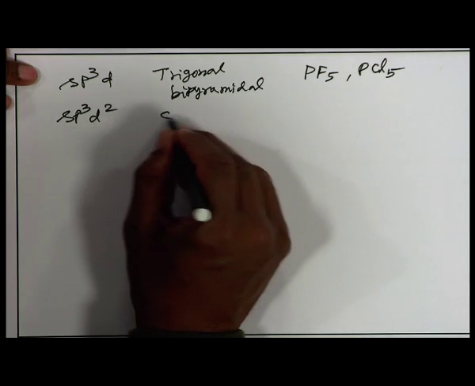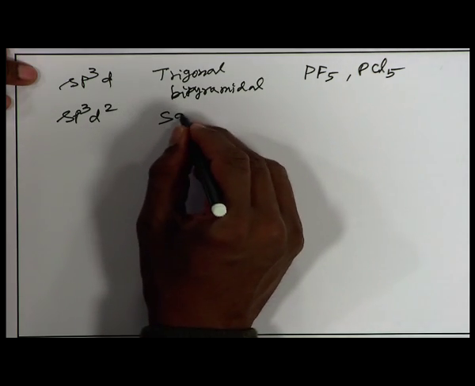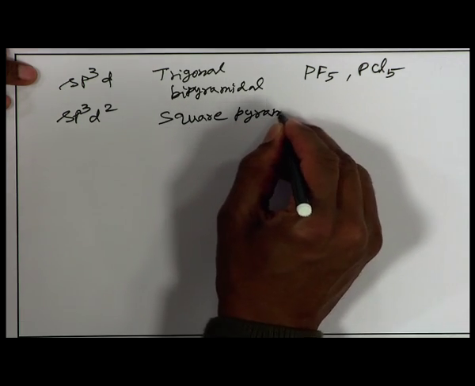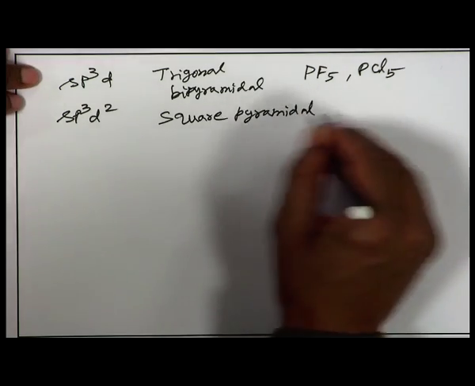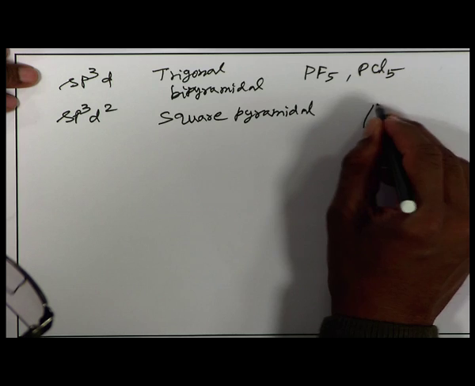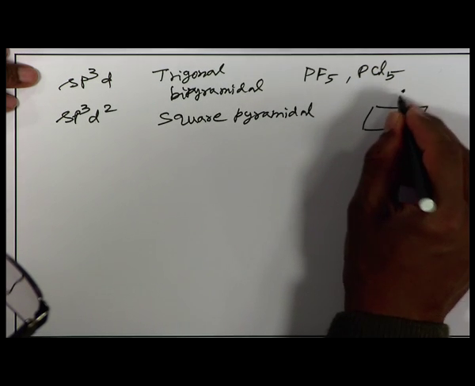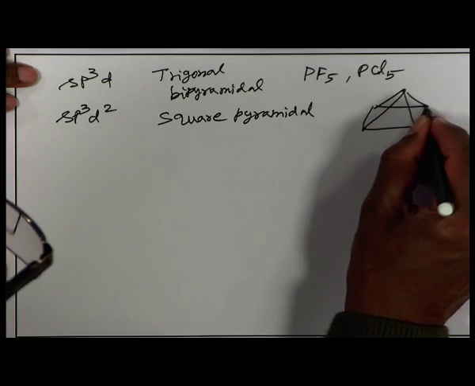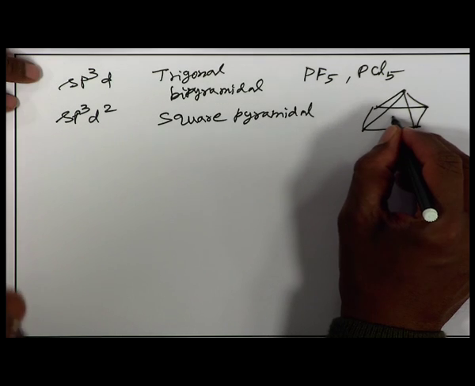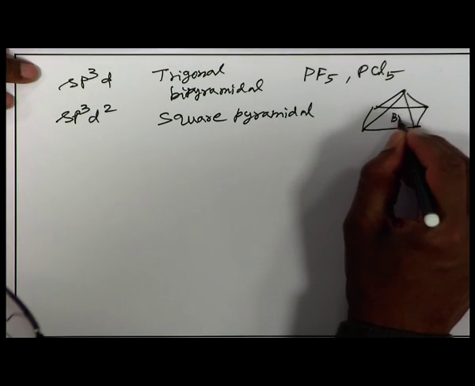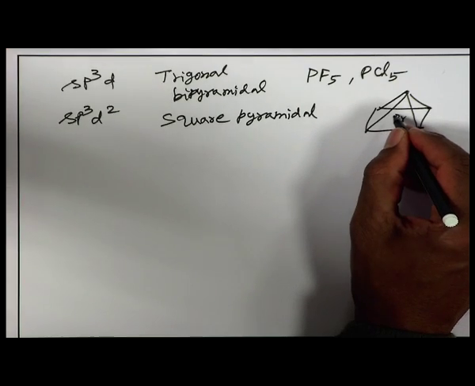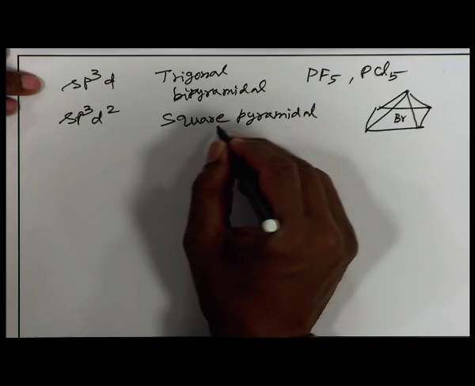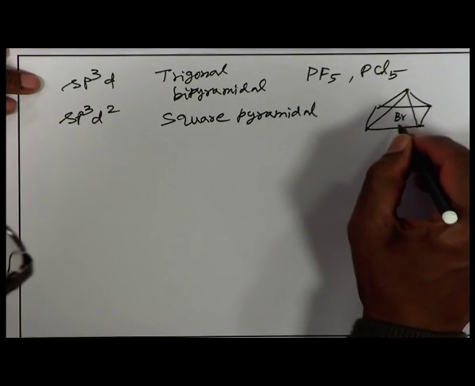The geometry is square pyramidal. You know the shape of that. This is square pyramidal. There is no bond between these. For example, bromine: BrF5 is square pyramidal, and there is a lone pair here.